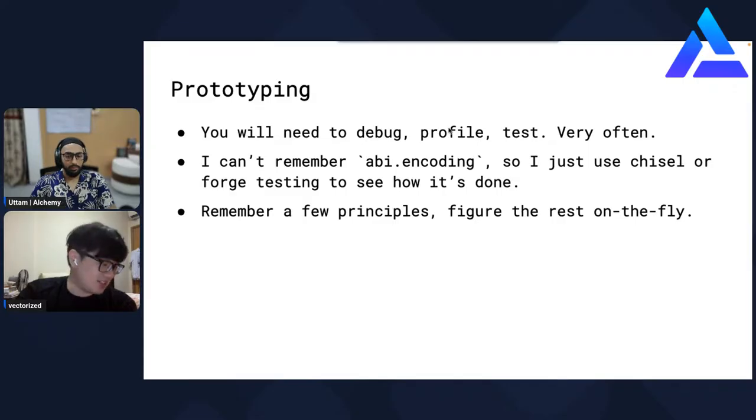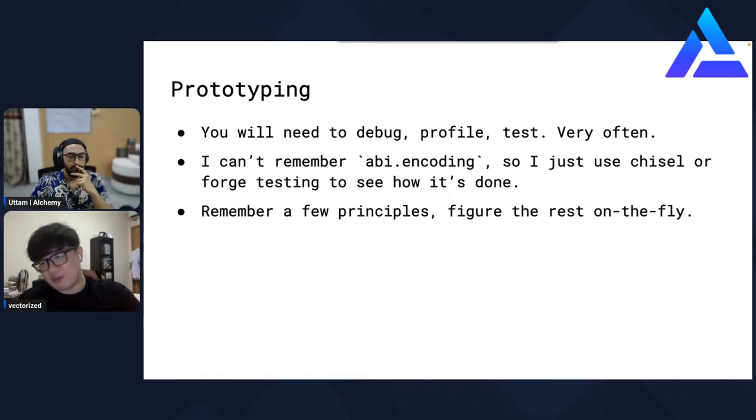For debug, I would say you can use Foundry's debugger. You can use Remix. There's nothing shameful about using Remix. I use it all the time. You have to know how to profile. Like if you want to see the gas difference between two functions, you need to probably write two different contracts and then pass in the same inputs, because you want to keep the test as fair as possible.